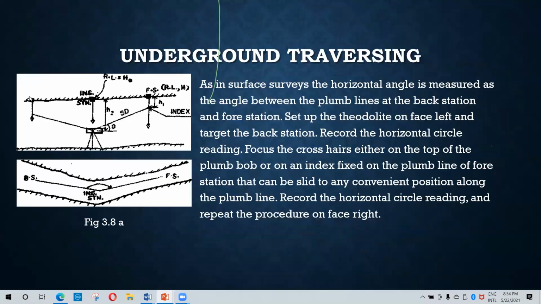Let's say the elevation here at the station of the corresponding instrumentation is h0. You will have to add h2, then you will have to deduct this height. If you know this inclined distance SD into sine theta, you have to deduct, and you also have to deduct minus h, right?